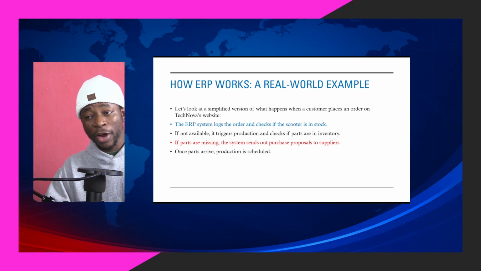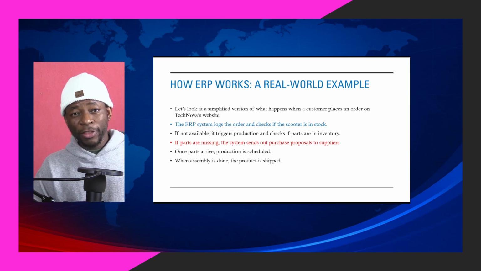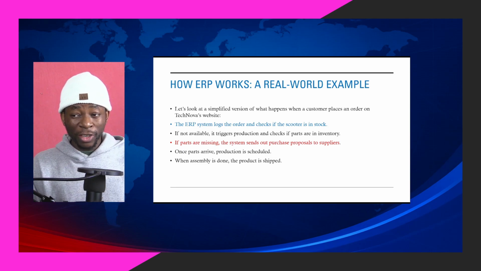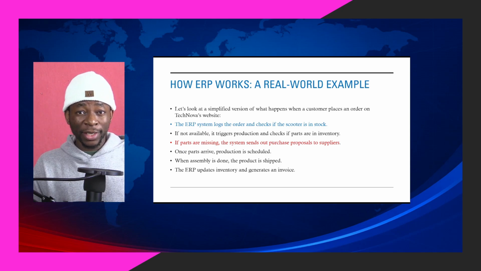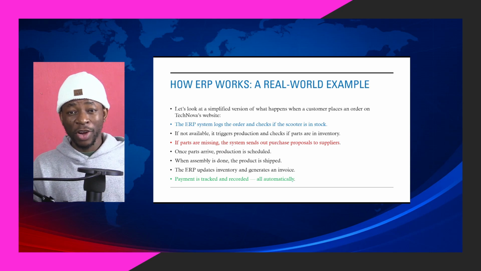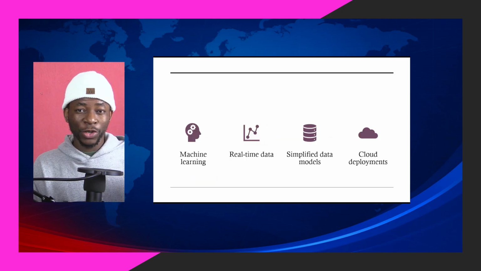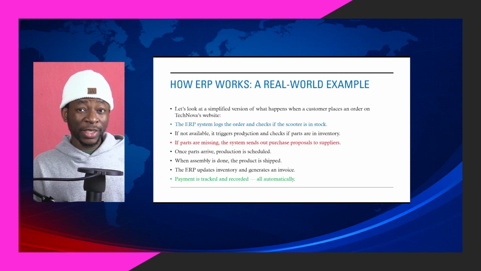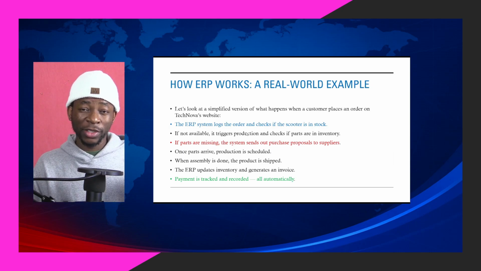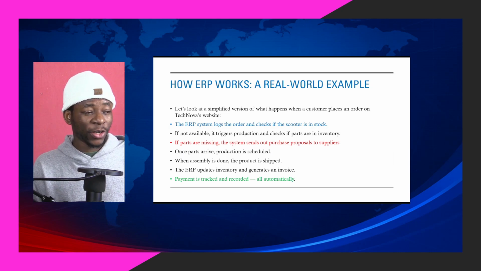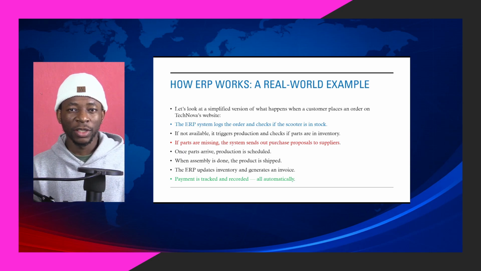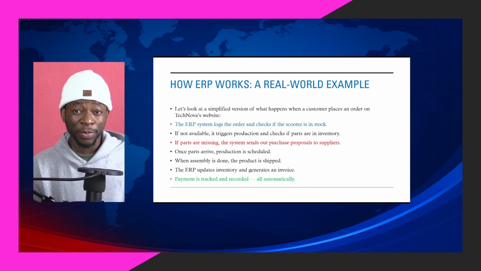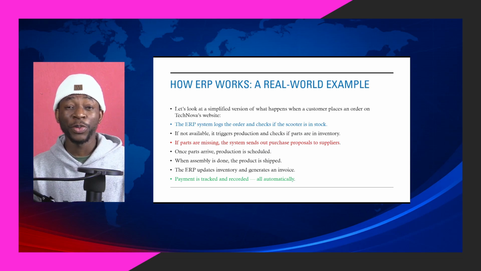Once parts arrive, production is scheduled. When the assembly is done, the product is shipped. Then the ERP updates the inventory and generates an invoice. Payment is tracked and recorded, everything done automatically. So this is how the ERP system works in a real life scenario. And if you have a business, you could also see ways of how the ERP system can be customized based on your business flow.